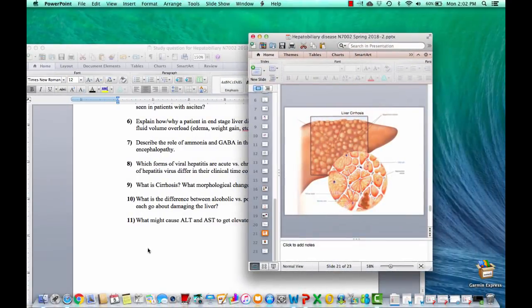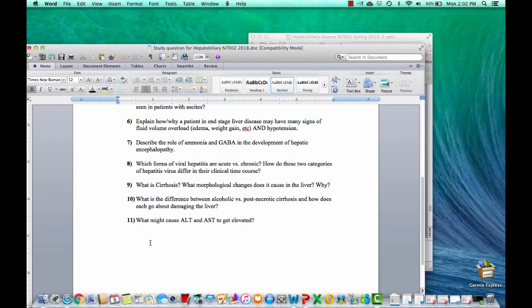So number 10. What is the difference between alcoholic versus post-necrotic cirrhosis, and how do each go about damaging the liver?